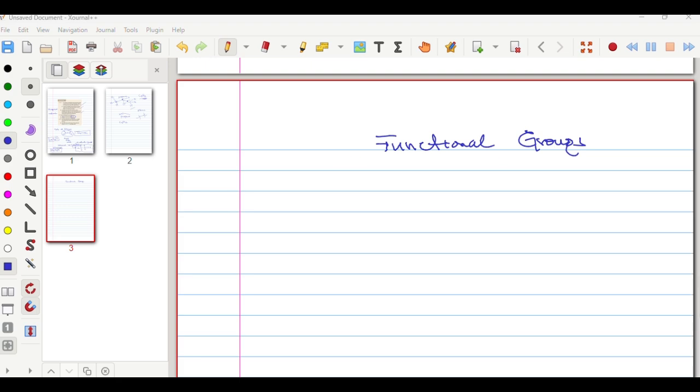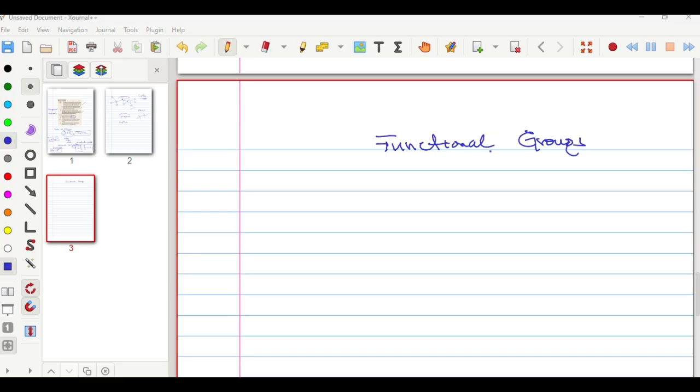If she comes back, we'll just reverse, as in we'll go back to re-explain. A functional group can be only one atom, or a group of atoms that determine how a molecule reacts.